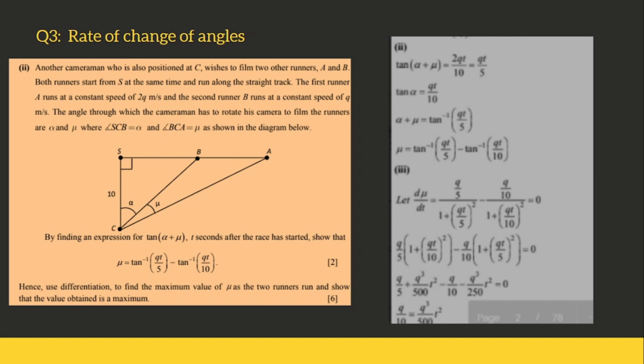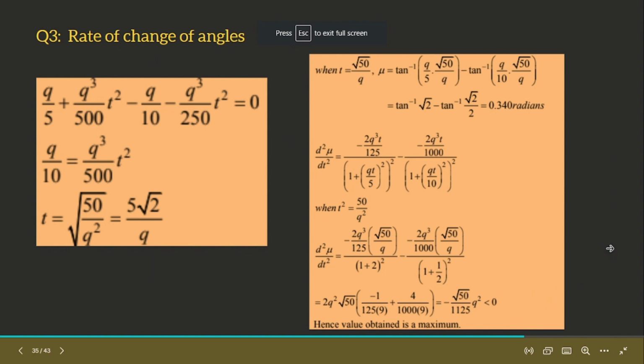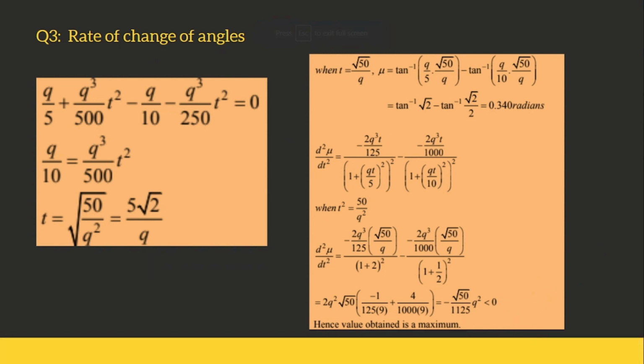The same applies for the second part, q over 10 over 1 plus qt over 10 squared. Then afterwards, we try to make t the subject. When you bring all the q to one side and solve for t, you can find the value, which in this case is 5 times root 2 over q.